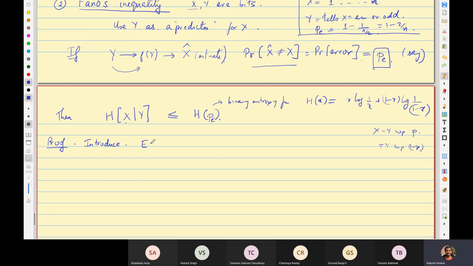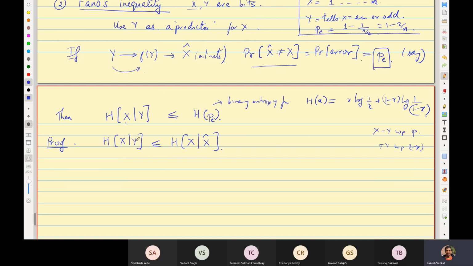So introduce an error variable E. Maybe first thing I will show, before introducing the error variable, is that the uncertainty given Y is surely less than X given X hat, where X hat is the predictor that I'm using from Y, whatever it might be, some function of what Y is.